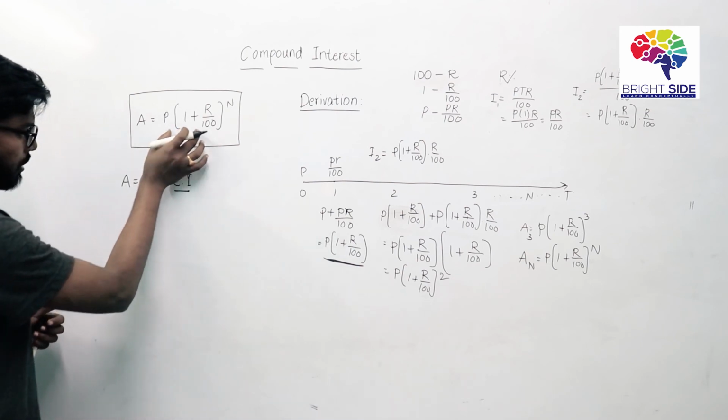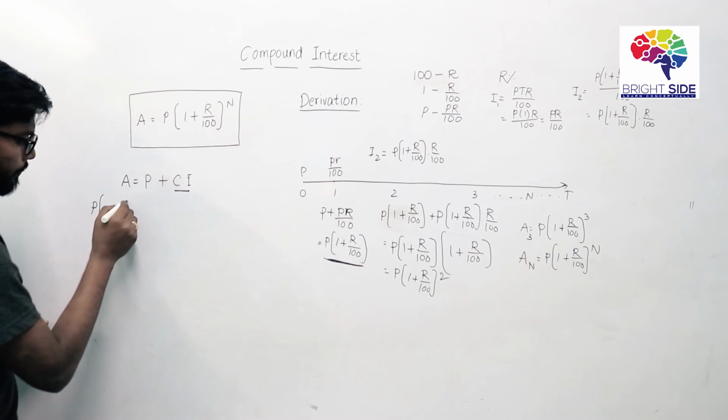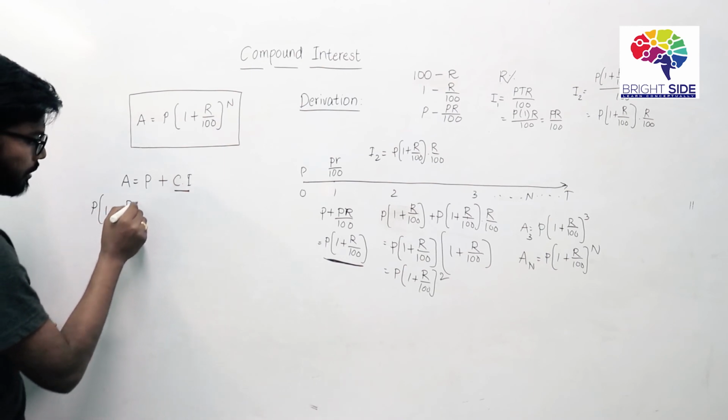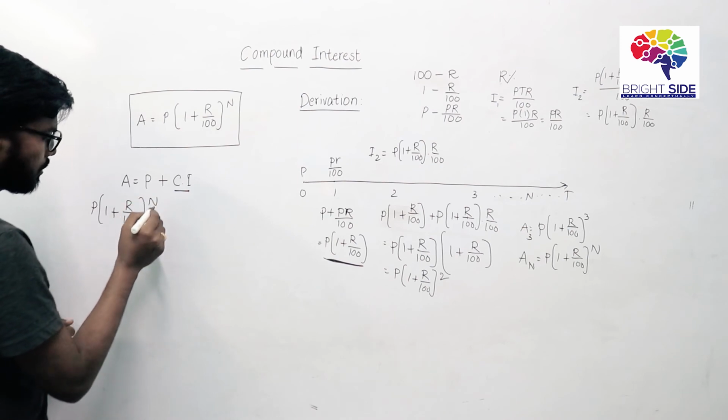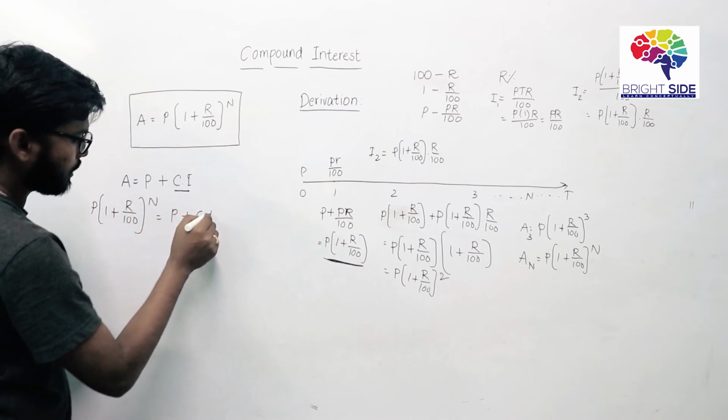Total amount we know this one. So that would be P into 1 plus R by 100. This is the formula for total amount. P plus CI.